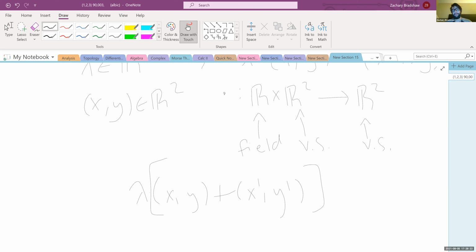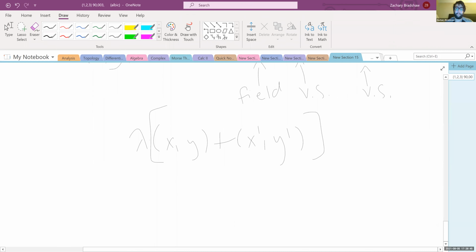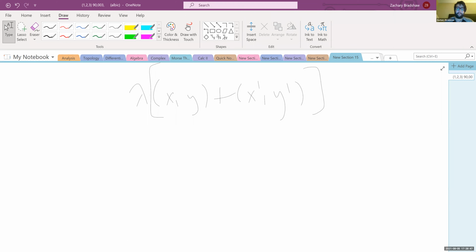You want to be able to distribute this to each term. You want to be able to do it from the right as well. You need the identity element in the field. Needs to do what you would think it would do. So basically, for a vector space, everything that you would want to do, other than multiply two vectors, is written inside of the vector space. It's all fine. Okay. But in quantum mechanics, we want even more structure.